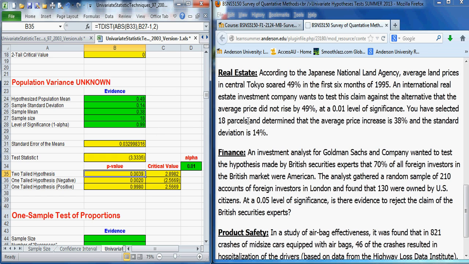So in both cases we would reject the null, and the null was that prices soared by 49%, and the resulting conclusion is that they did not.